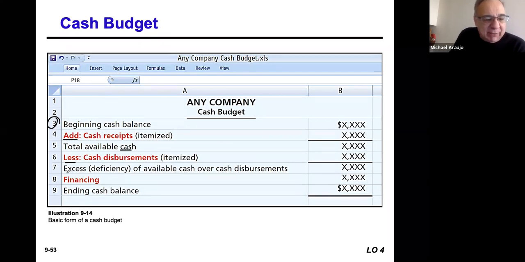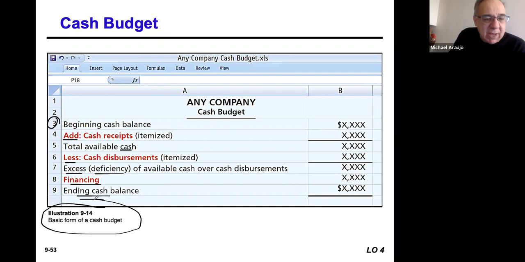There may be some left over, so there might be excess. If they need more cash to meet those, there'll be a deficiency. If there's a deficiency, there needs to be some borrowing going on, some financing going on to meet the need there. And then there's going to be an ending cash balance. So you're going to see this play out in your book. It's on page 376 to start.